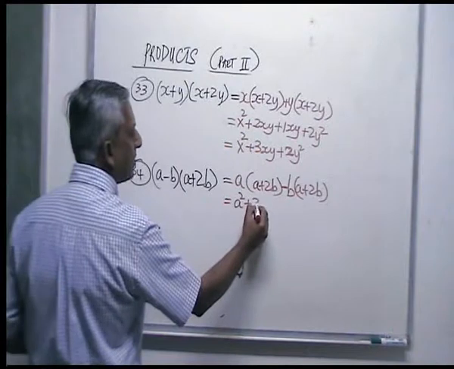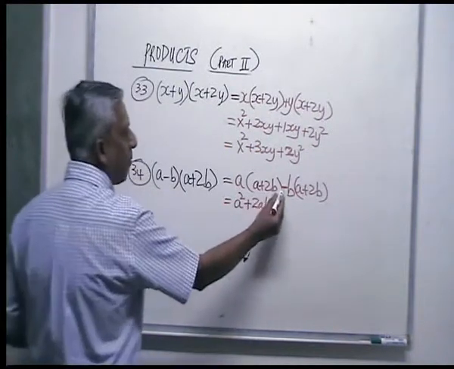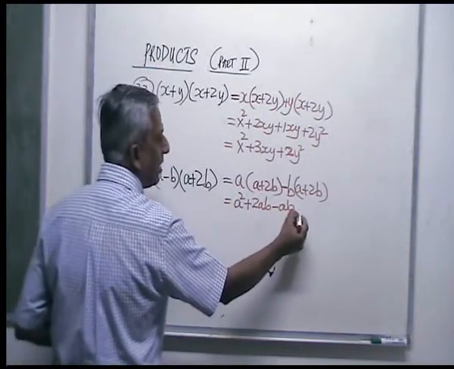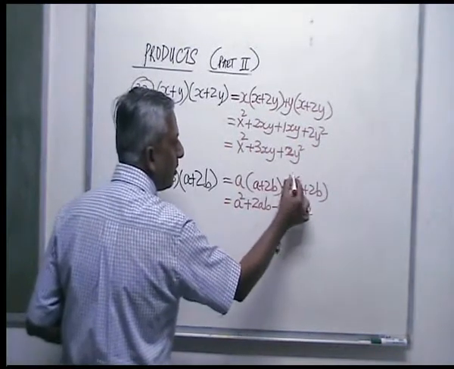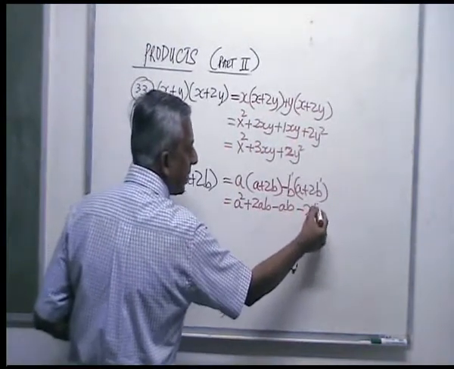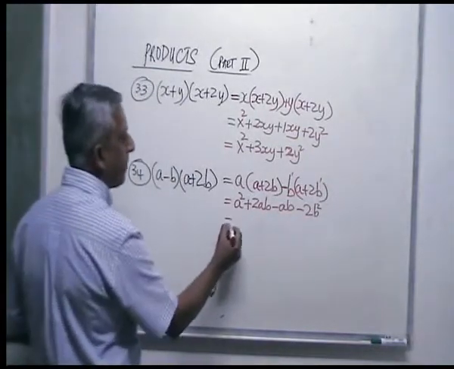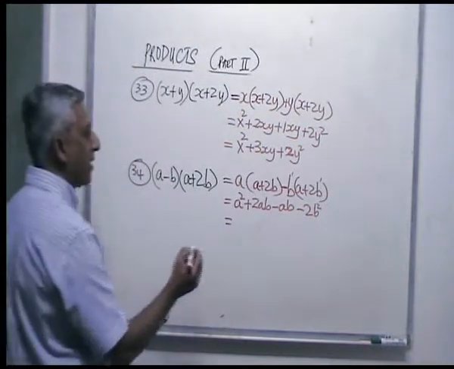A times 2b gives you 2ab. Now be careful, minus b times a gives you minus ab. Minus times plus gives you minus 2b squared. Remember, power law works here. You see, bases are the same. And here too, the power law was working. That's how we got a squared.